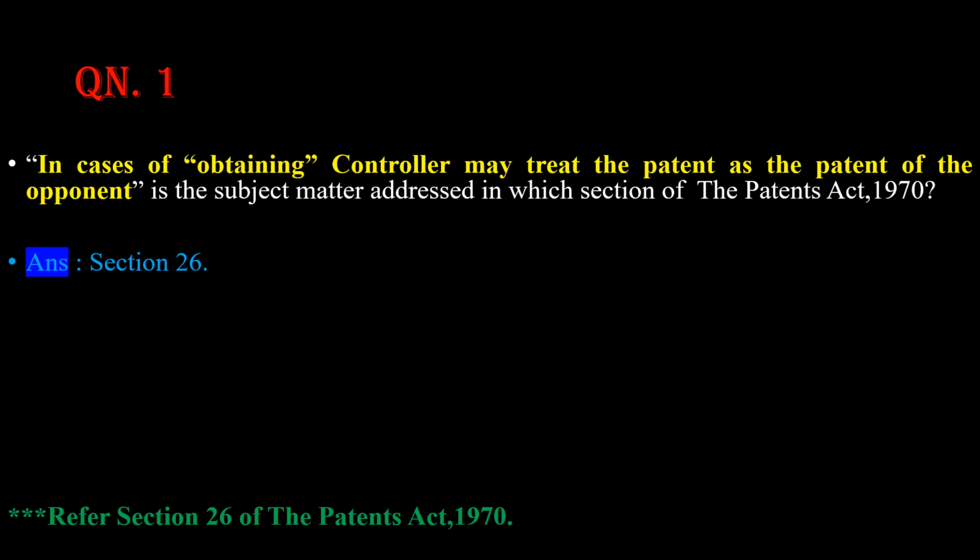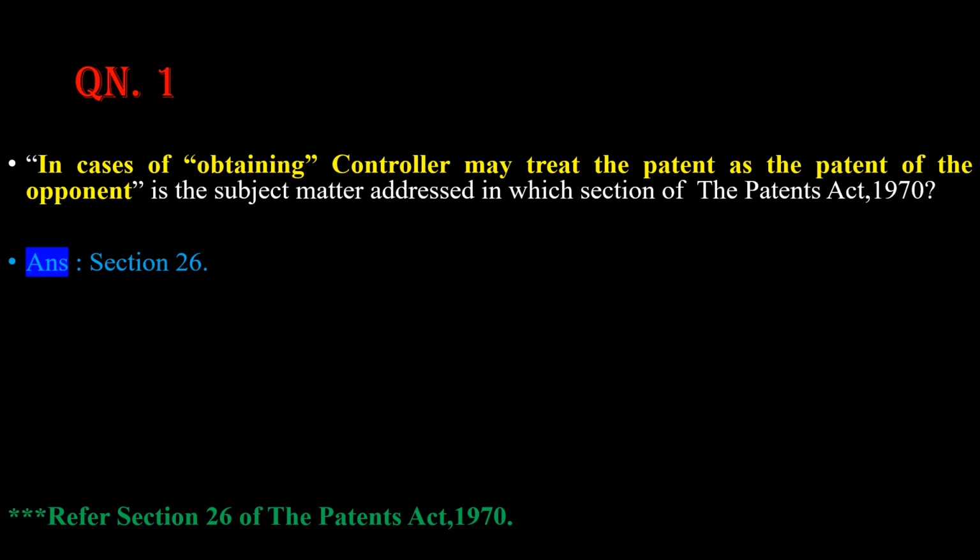Is the subject matter addressed in which section of the Patents Act 1970? That means this title belongs to what section? The answer is section 26. So please refer to section 26 of the Patents Act 1970.